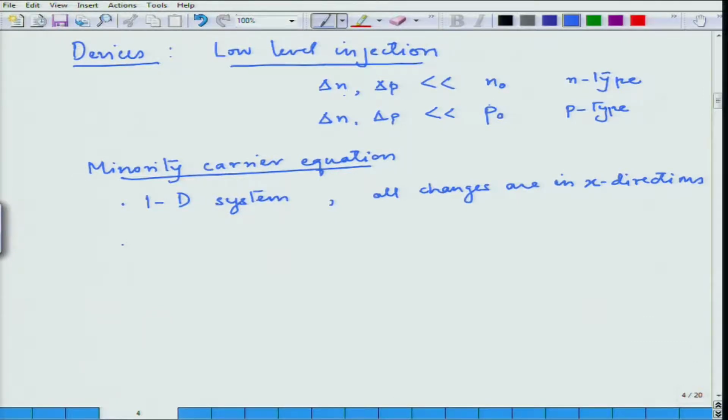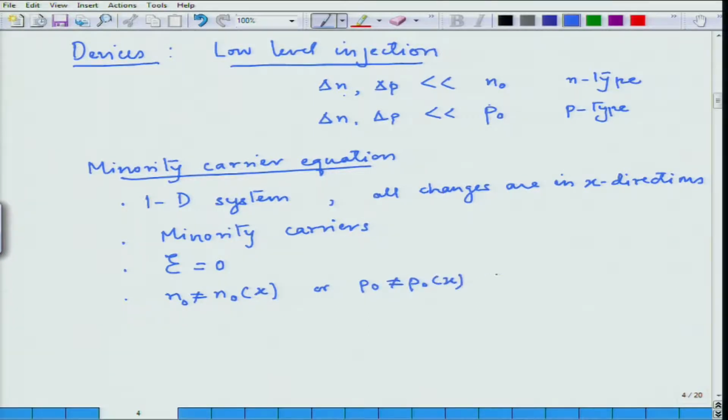We also assume that we are only looking at minority carriers here, and that the electric field is 0. So, there is no electric field in this particular simplification, and we also assume that the equilibrium concentration, N for N type or P for P type, is not a function of x, which means it is a uniform doping.